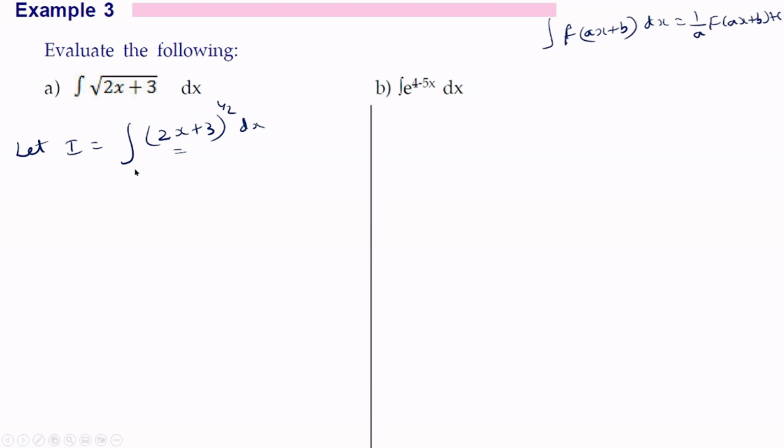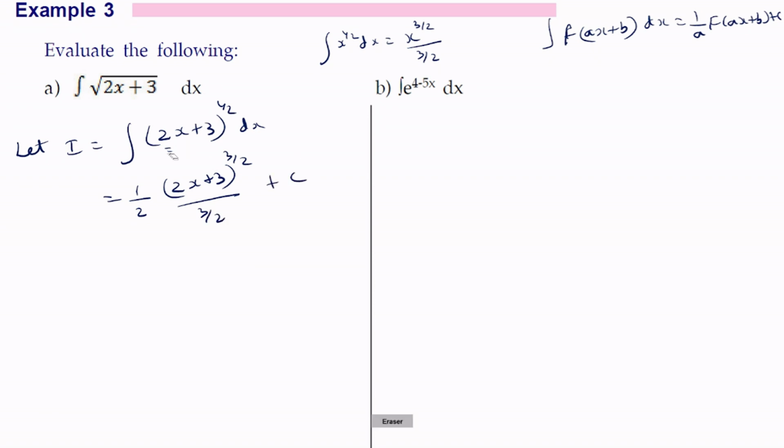So here, integral x raised to half dx is x raised to half plus 1, which is 3 by 2, upon 3 by 2. Here in place of x we are having 2x plus 3, so we have to divide by the coefficient of x. It is half into (2x plus 3) the whole raised to 3 by 2 upon 3 by 2 plus c.